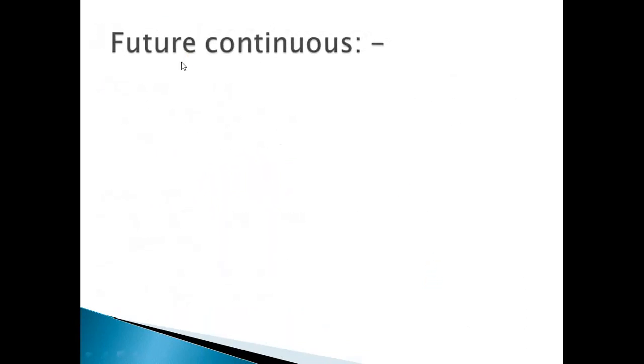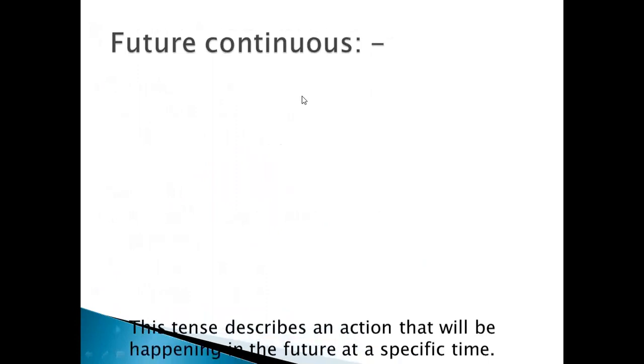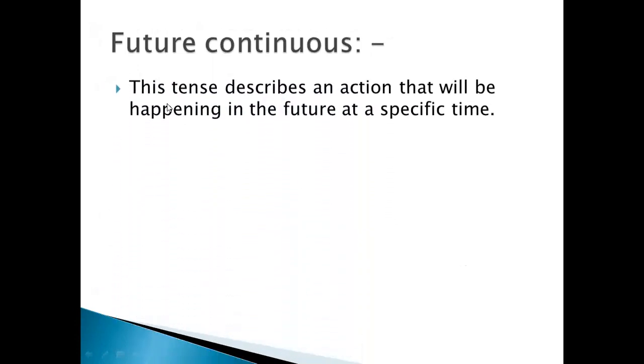Then we have future continuous tense. Future continuous tense describes an action that will be happening in the future at a specified time. Will be plus V1 plus ing.